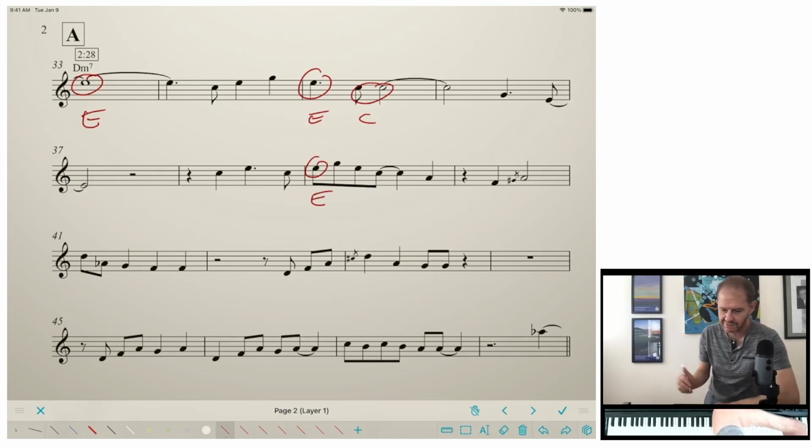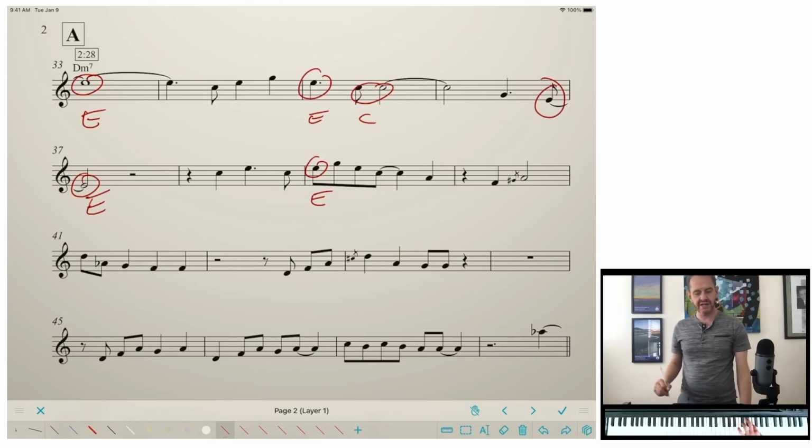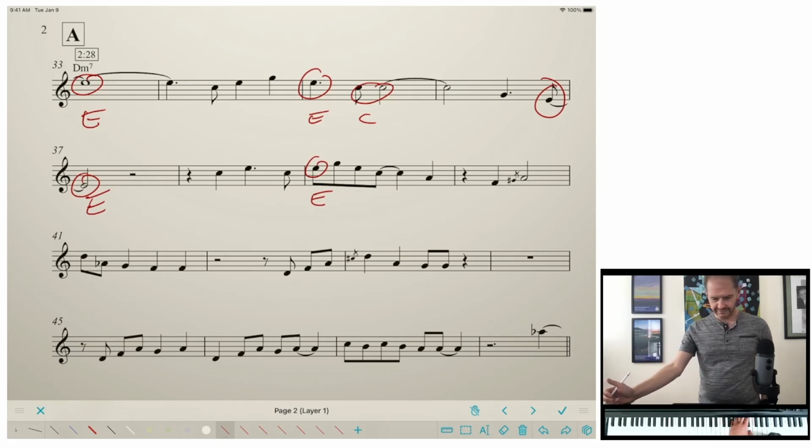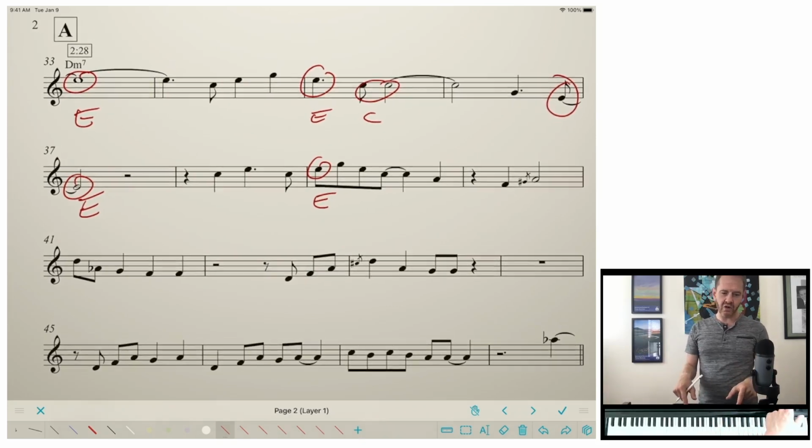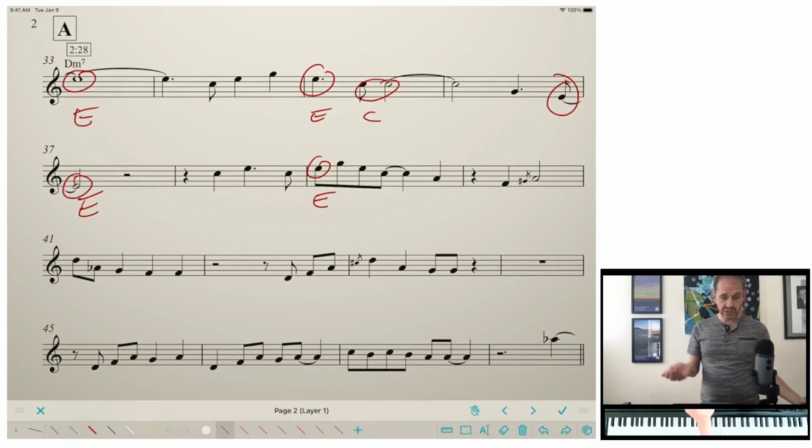You can see in each of the stable places, he returns to an E. So he's just centering the harmony differently, which makes it really interesting. It colors it completely different.